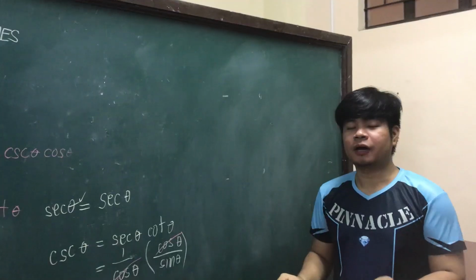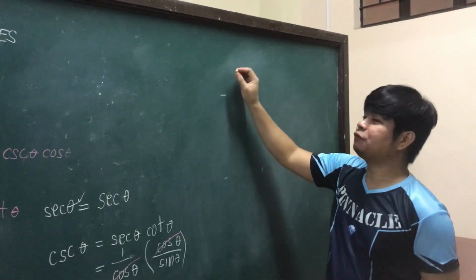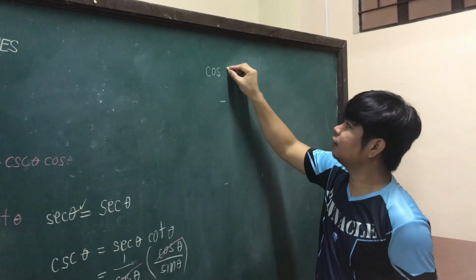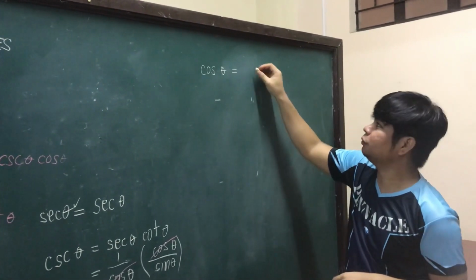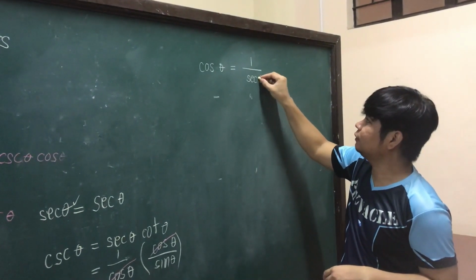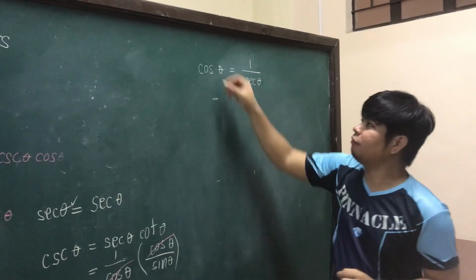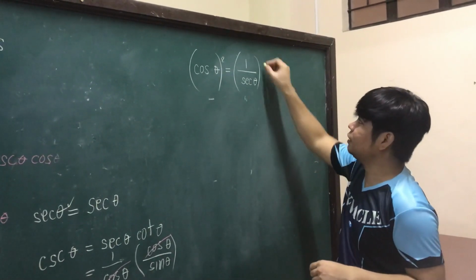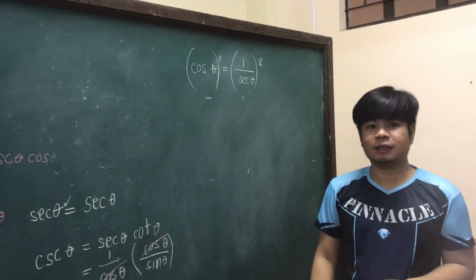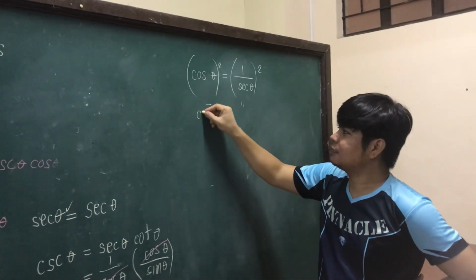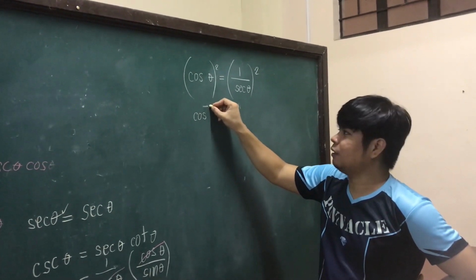You can also prove, okay, take a look at this. If you say that cosine theta is equal to 1 over secant theta, if I square this one, it will also give me the square of 1 over secant theta. So the square of cosine theta is written this way.